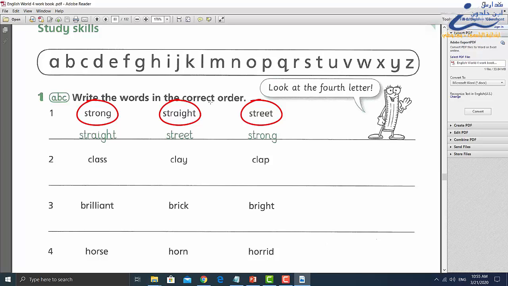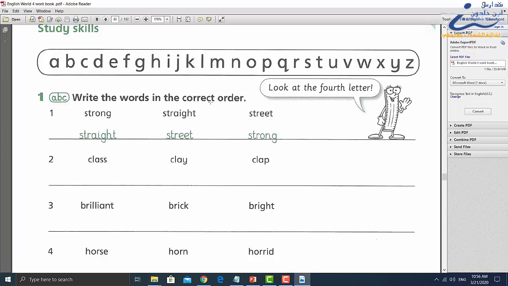All of them begin with STR. So we are going to move to the fourth letter. Here we have strong, the fourth letter is O. Straight, the fourth letter is A. Street, the fourth letter is E. What comes first? Yes, straight, then street, after that strong.